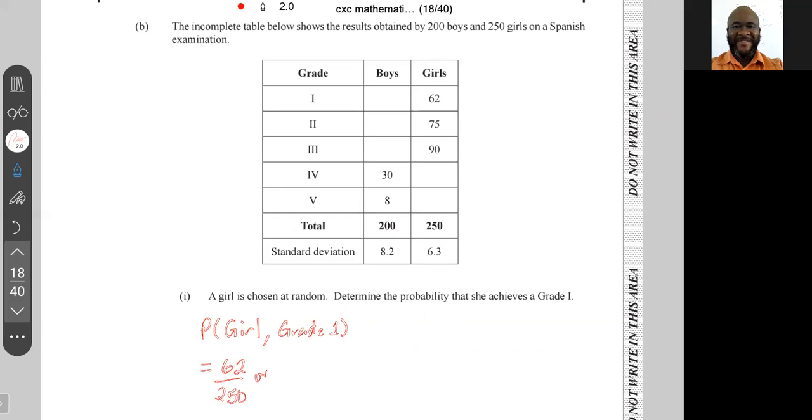That's 0.248 or 24.8%. So there's a 24.8% chance that if you select a girl at random, that girl would have gotten a 1 on the exam.